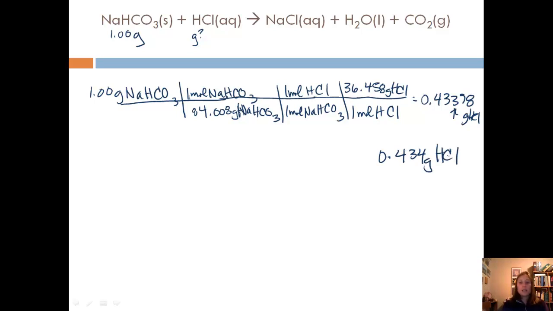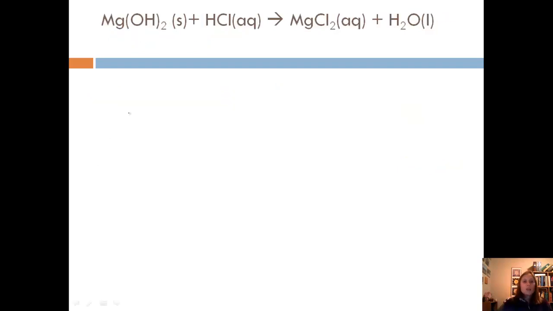Now let's do the other antacid and then compare our values. So magnesium hydroxide, again, we start with 1 gram. We're looking for grams of HCl. Let's just make sure this is balanced. This one does not look balanced because we have 2 chlorines and only 1. So I'm going to put the 2 there. Writing water as HOH here is going to be helpful because we have our hydroxide and our hydrogen.